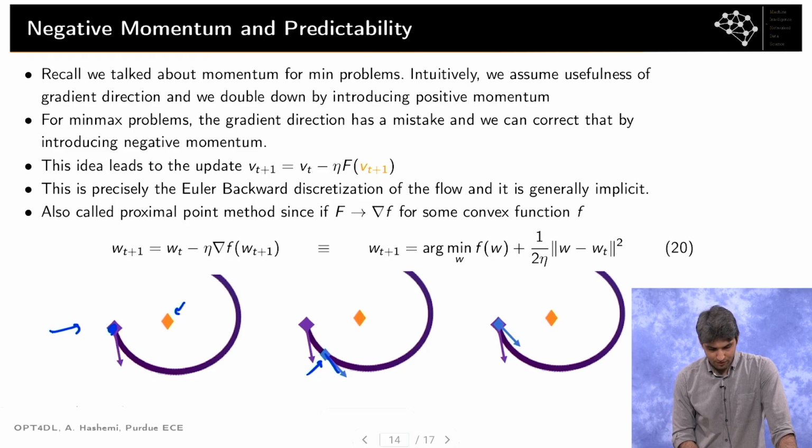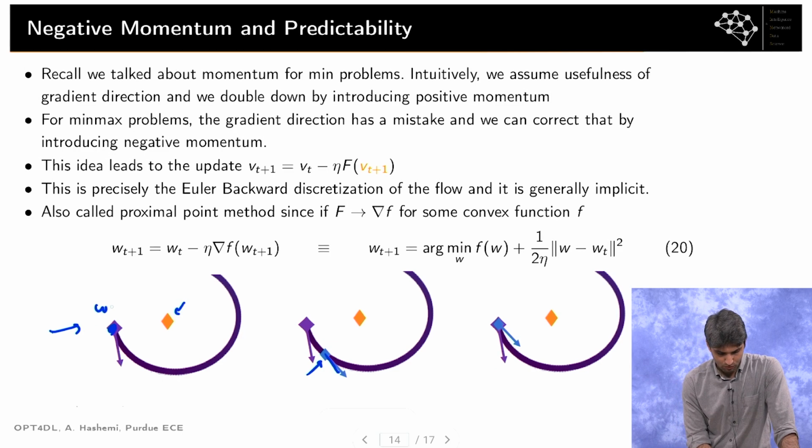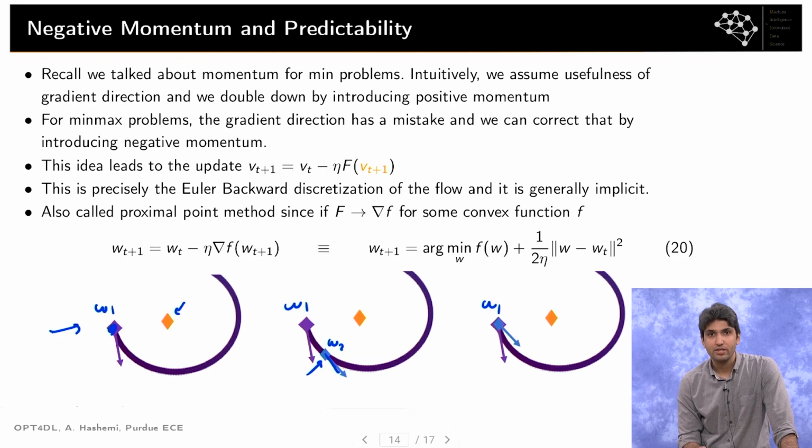But let's see what happens when I transport this gradient at this future point. Let's call this point W1, and let's call this point W2. So what happens when I shift or transport this gradient at W2 to the one at initialization? Well, I just shifted that, and now it is here. As you can see, this is pointing inward.